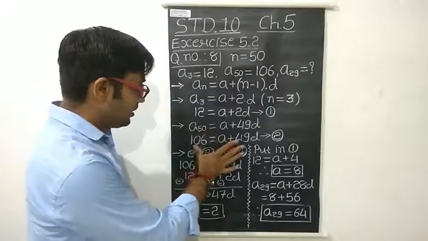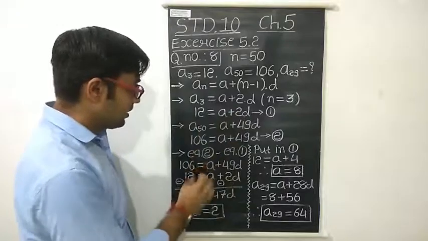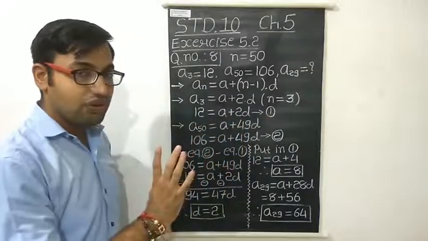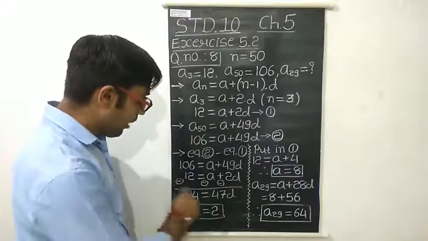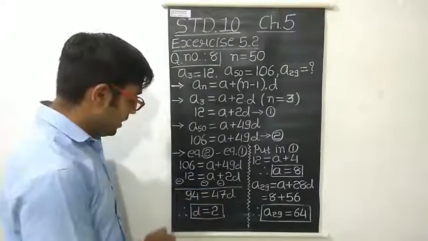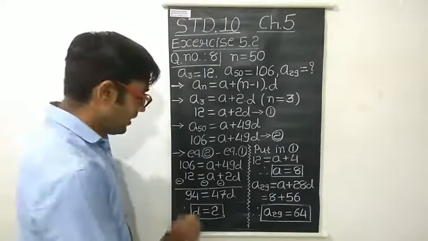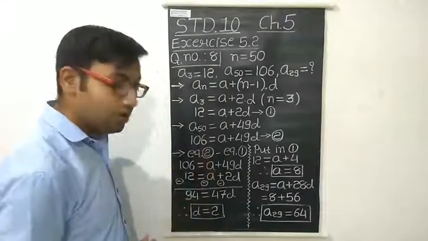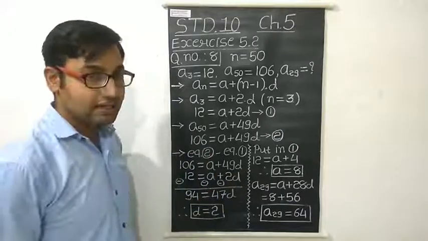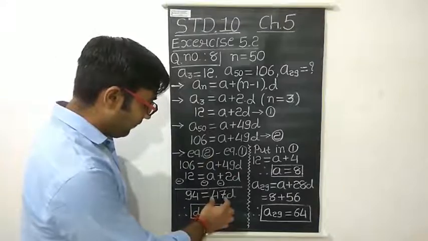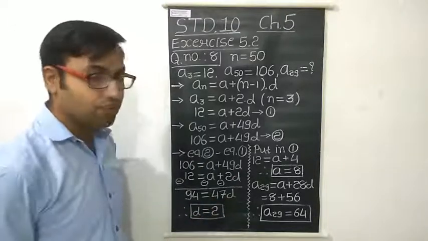Equation 2 will remain as it is, but the signs of equation number 1 will change, so all these positive terms become negative. Now 106 minus 12 is equal to 94, and a cancels out. 49d minus 2d is equal to 47d. Now if we divide both sides by 47, we get d is equal to 2.